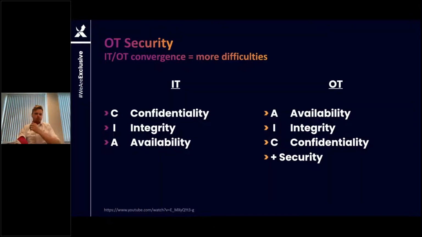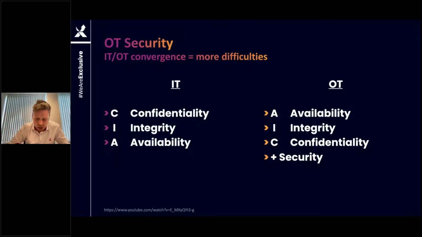Now, if we're going to talk about OT security and especially the convergence, because that's how we started, that's why we're doing this webinar, the convergence between IT and OT and the difficulties that it imposes, then if you learn about IT security, you will almost certainly come across the CIA triad: confidentiality, integrity, and availability.